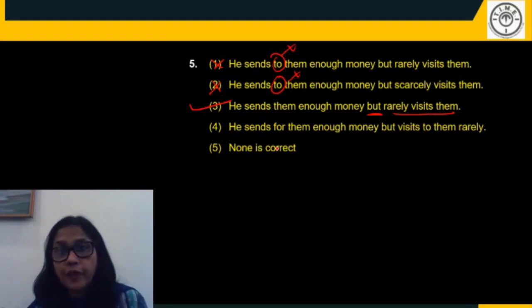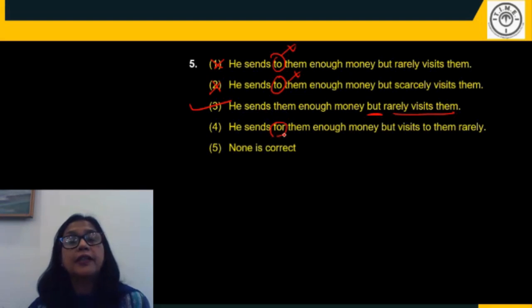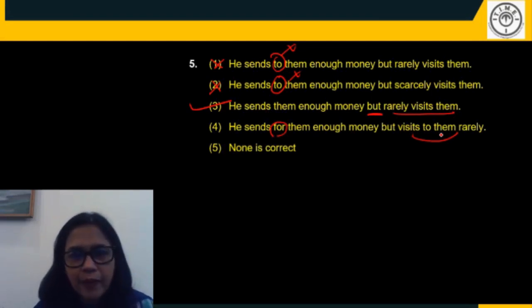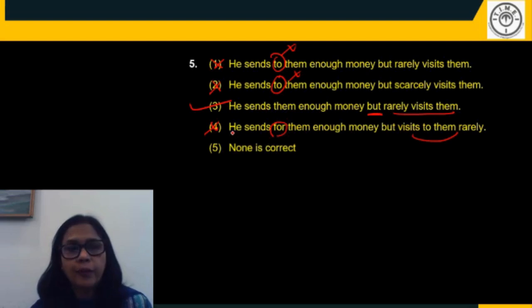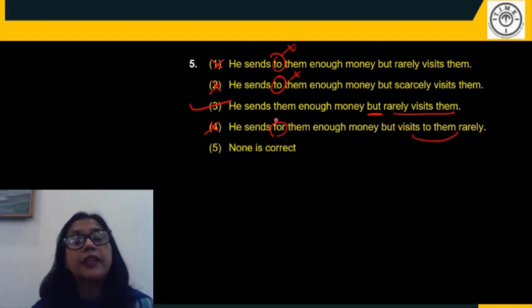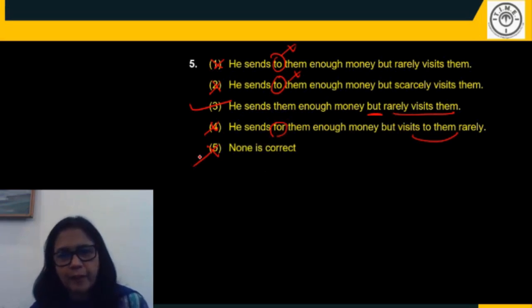The fourth, what's wrong with the fourth then? He sends for them enough money. If it were, he sends enough money for them, then it would have been fine. But visits to them rarely, this again is completely lopsided. So fourth is also wrong, and the correct answer is definitely the third one. There's nothing wrong with the third sentence, right? So fifth also is out then.